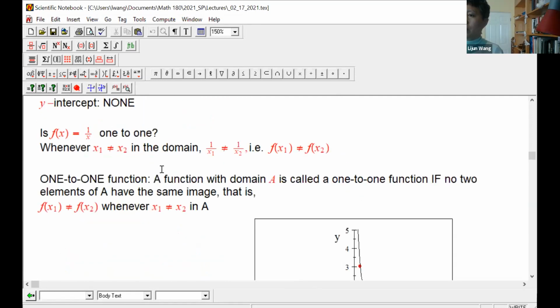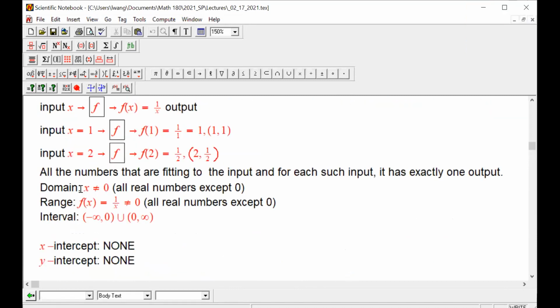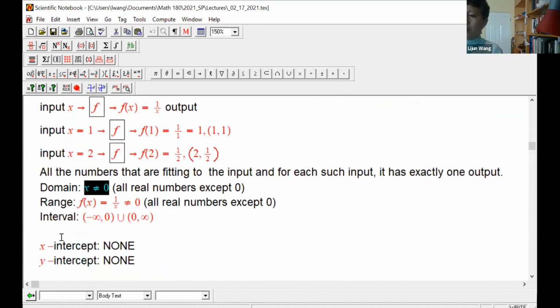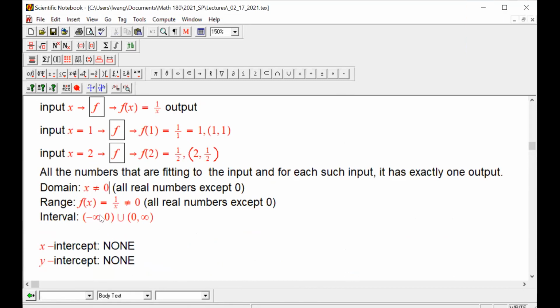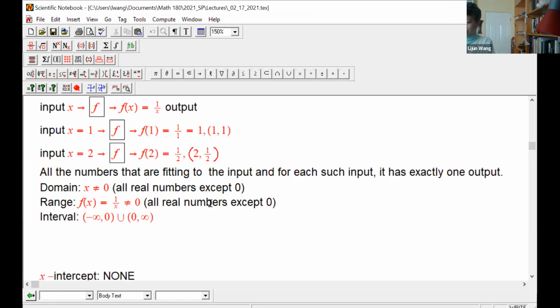For here, are you talking about this function? X is not equal to 0. So how would you write that like how you did for example 4, it's easier to just write it in one sentence for domain and range. Oh, one sentence. Okay, you can do this.